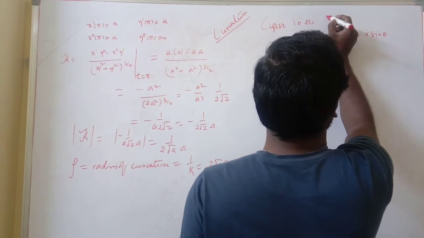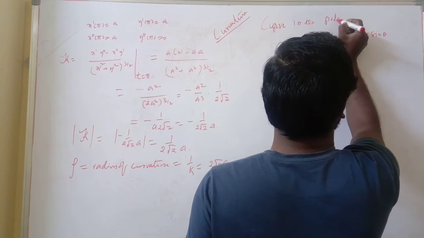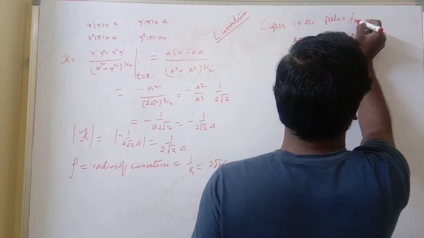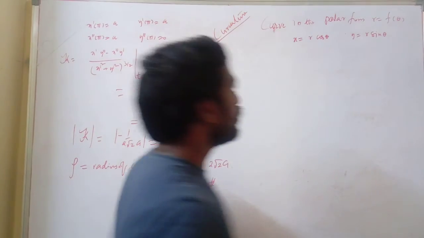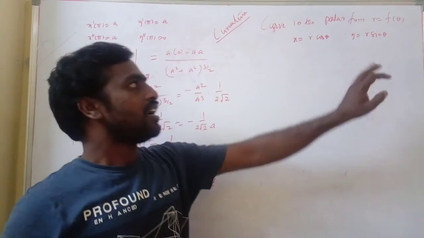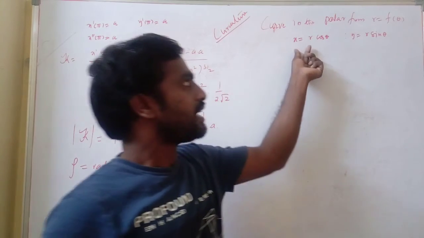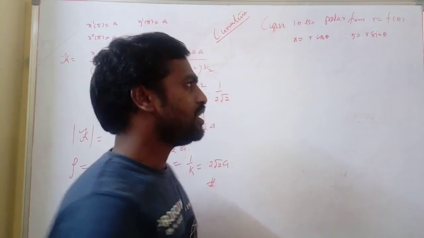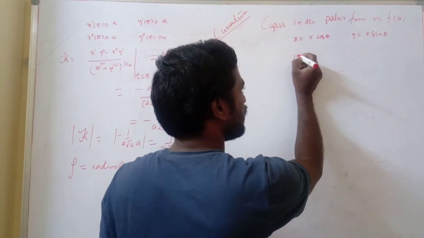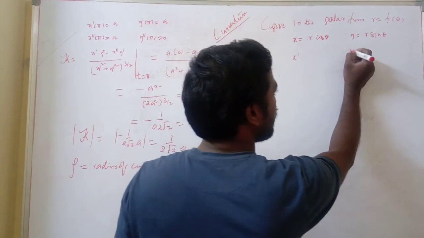In polar form, r is a function of theta. So the curve in polar form means r is a function of theta, with x equal to r cos theta and y equal to r sin theta. Similarly, you should differentiate x and differentiate y.